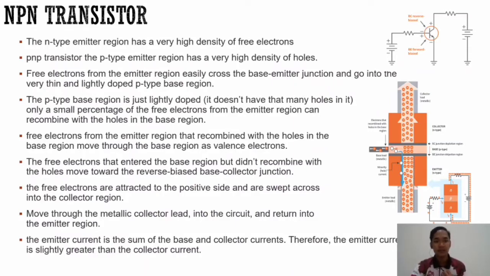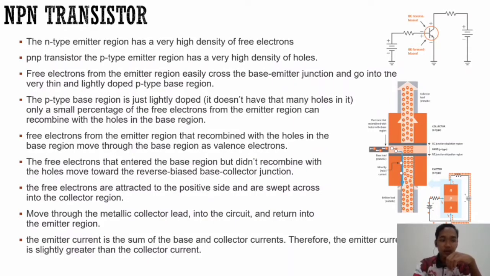The P-type base region is slightly doped because it does not have many holes. Only a small percentage of free electrons from the emitter region can combine with a hole in the base region.